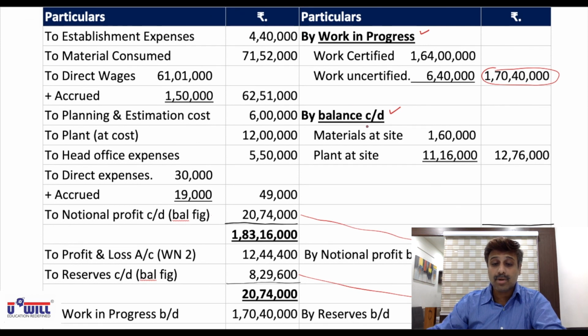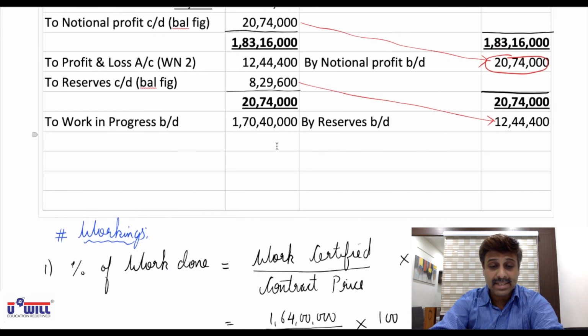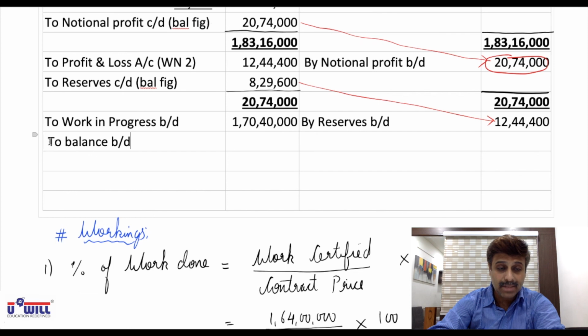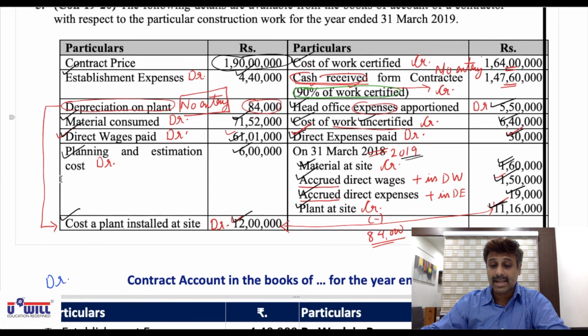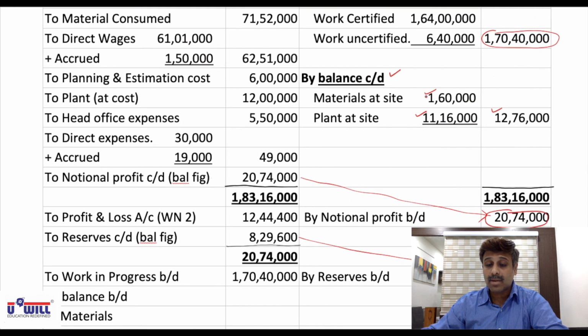Then the opening balances of material and plant we will write on the debit side. We show that separately because next year also will require the plant and materials amount separately. So to balance brought down, we will show materials and plant. What amount of material and plant is there in the closing balance? 1,60,000 and 11,16,000.